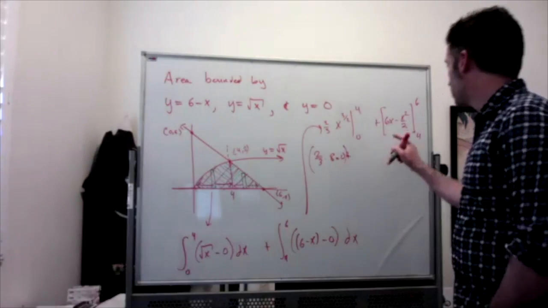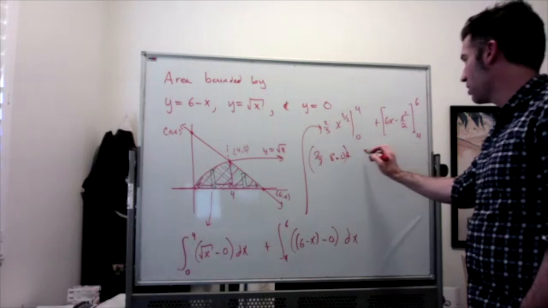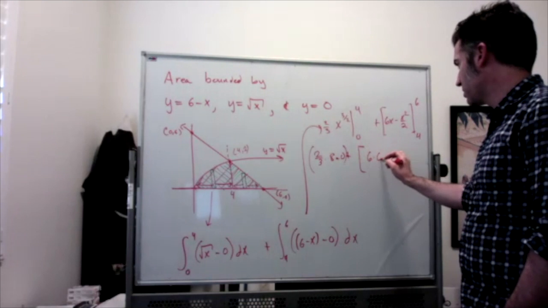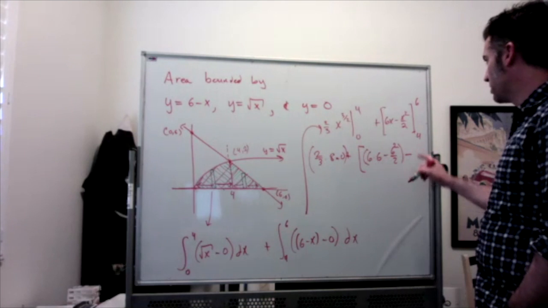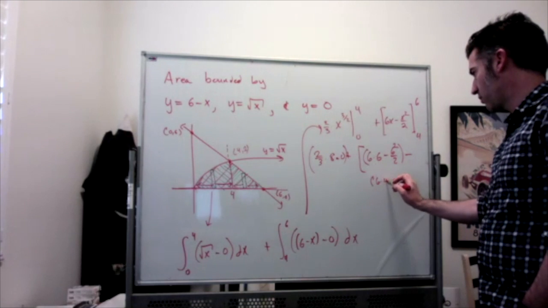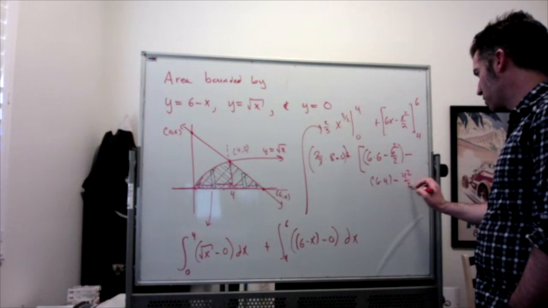Frustrating. Oh well. So then if I plug in 6 here, I get 6 times 6 minus 6 squared over 2, minus, if I plug in 4, I get 6 times 4 minus 4 squared over 2.